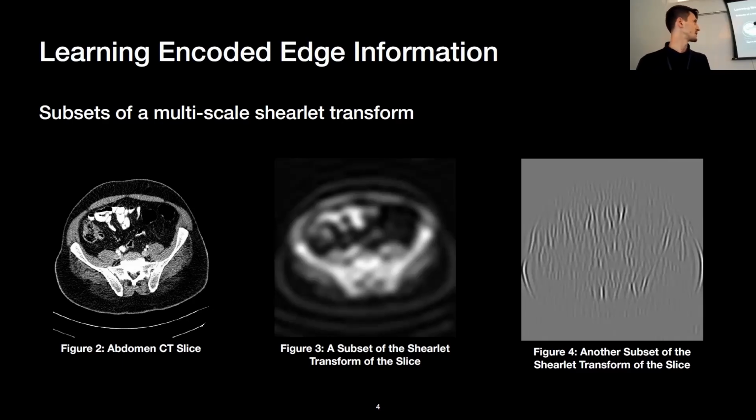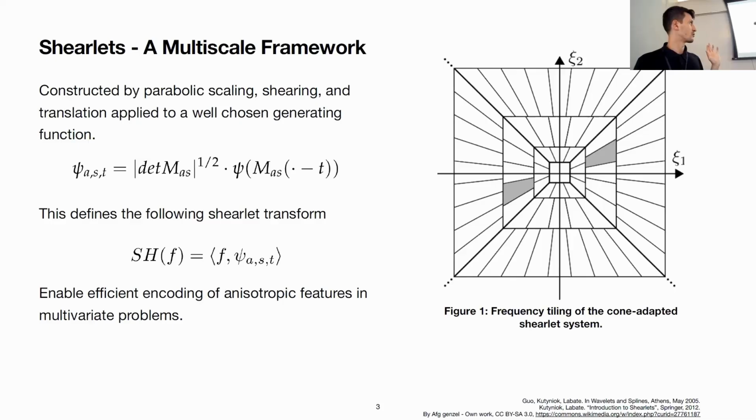Correct. It is variable, and it depends on the scale that you choose. To give a more precise answer, it depends partially on the frequency tiling, because in order to generate these layers or subsets, you go through the tiles of this figure, so the number will depend partially on how many tiles you want, among other things.